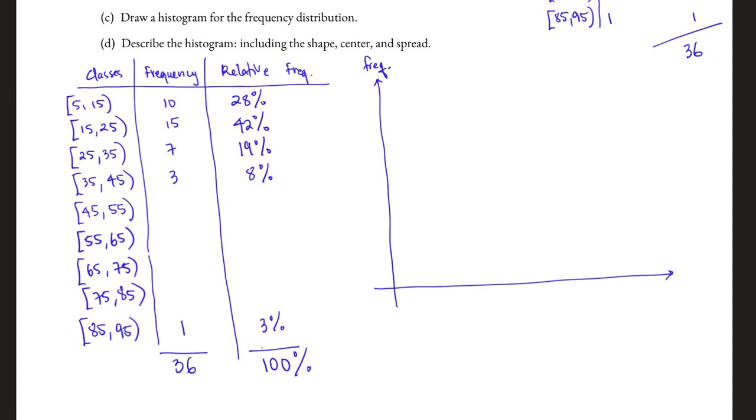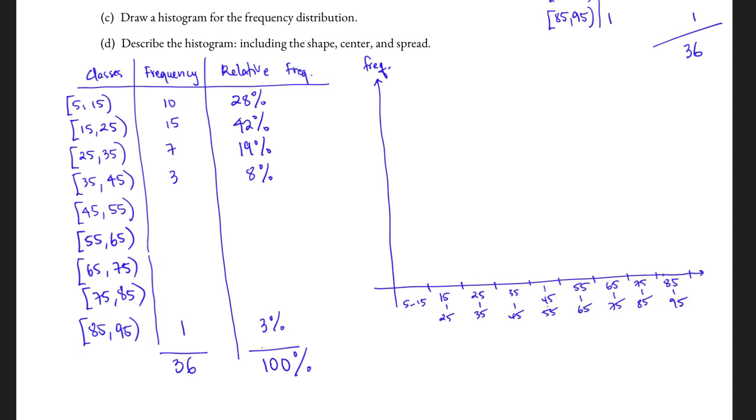The first class is from 5 to 15, so this is 5 to 15. The second class is 15 to 25. The next class is 25 to 35, 35 to 45, 45 to 55, 55 to 65, 65 to 75, 75 to 85, and so on.